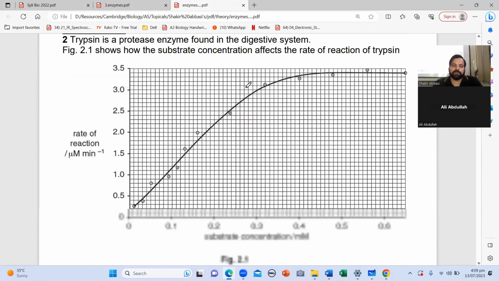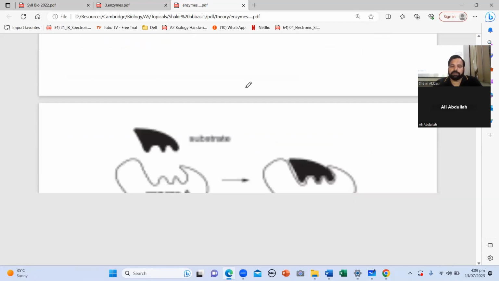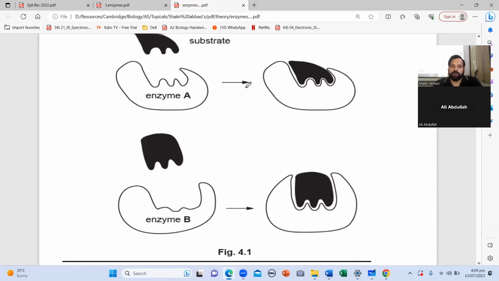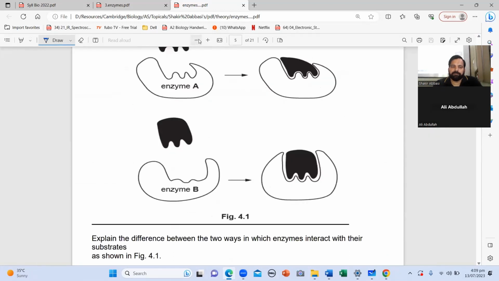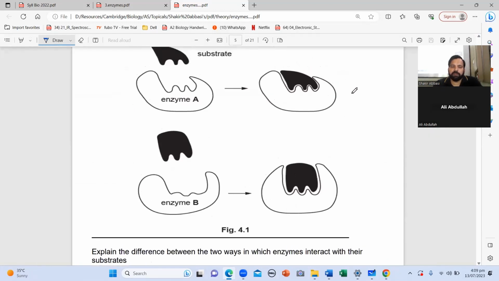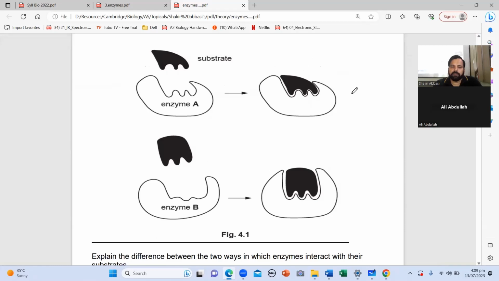Okay, if I show you a diagram of two enzymes, can you guess which enzyme works by which method? Enzyme A works by lock and key. Very good.